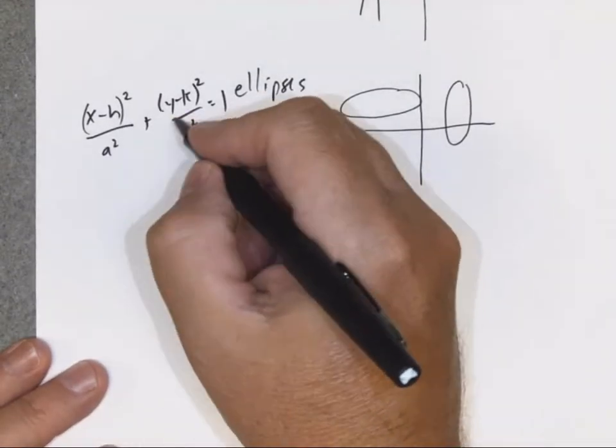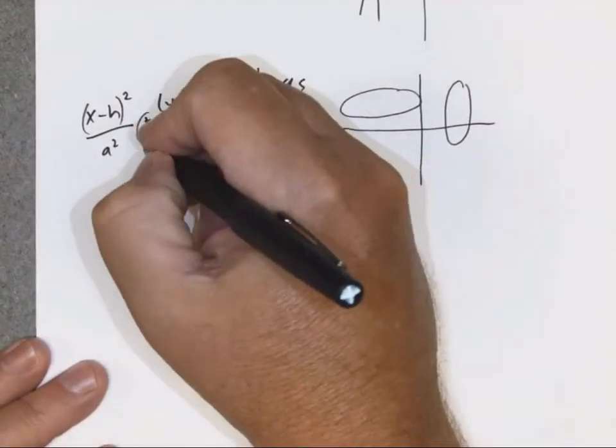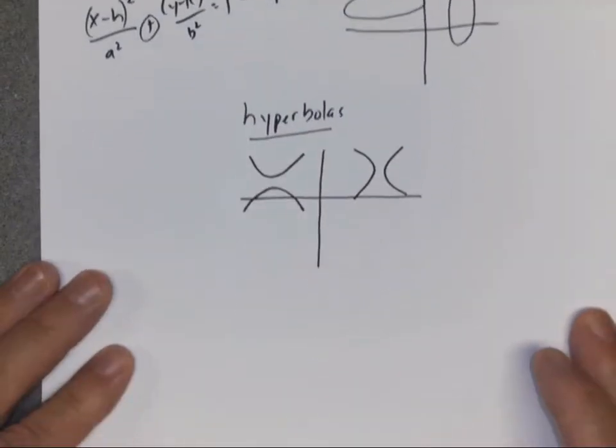What's interesting, you take the equation for an ellipse and you make one change and you have the equation for a hyperbola. And that change is simply, instead of adding these together, we subtract them.